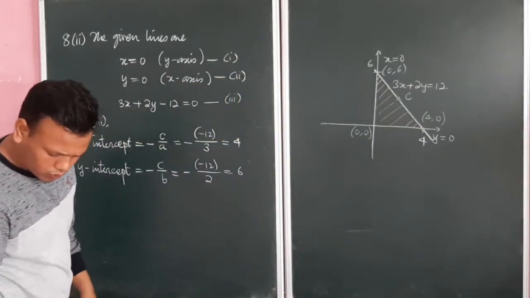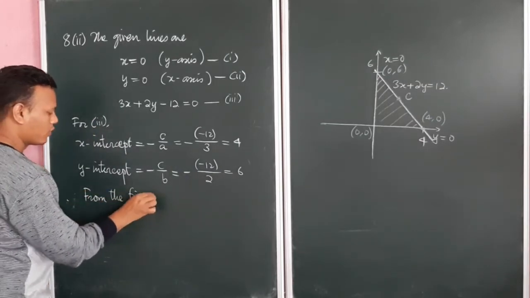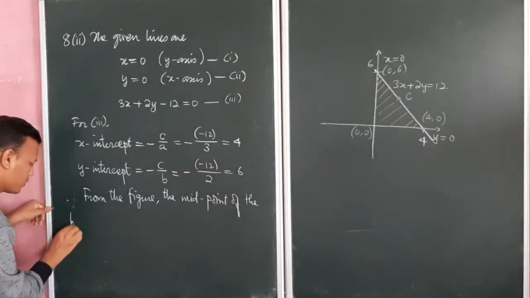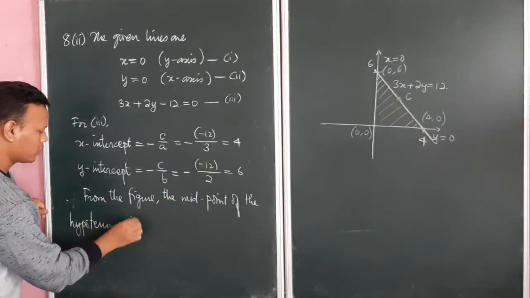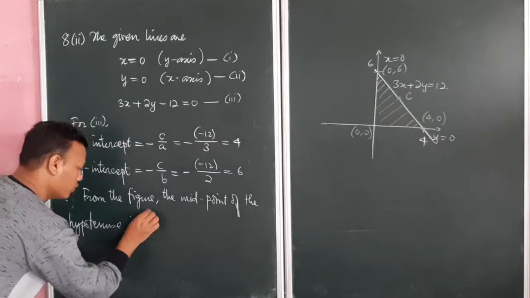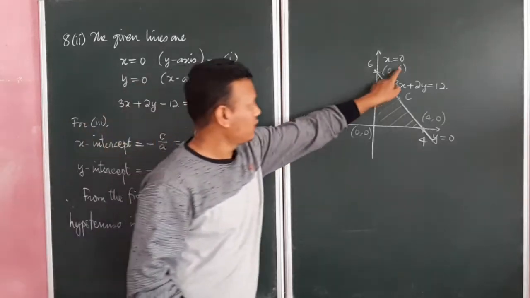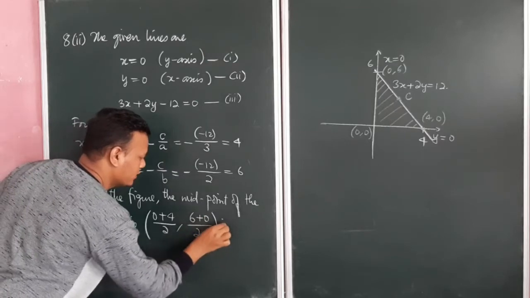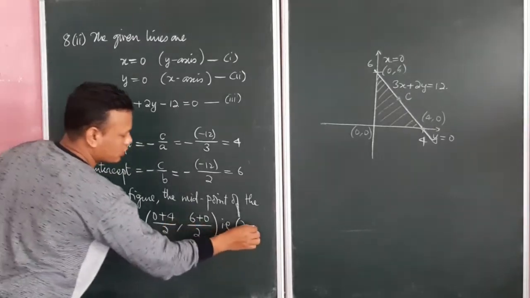So the midpoint is (0 plus 4) whole divided by 2, and (6 plus 0) whole divided by 2. How much is this? This is 4 by 2, which is 2, comma, and this is 3, isn't it?